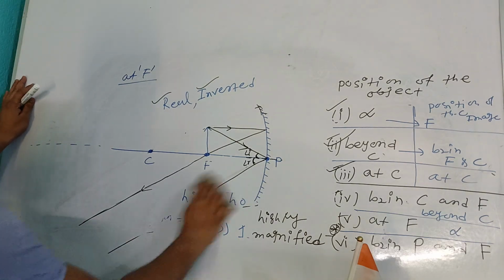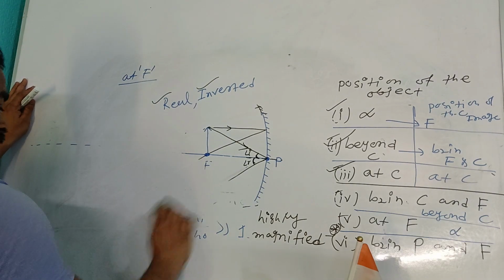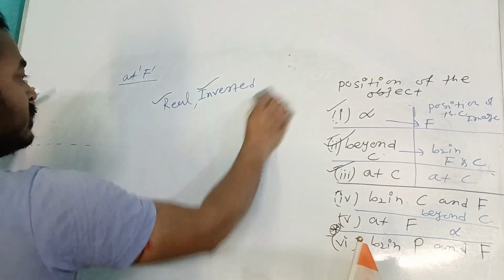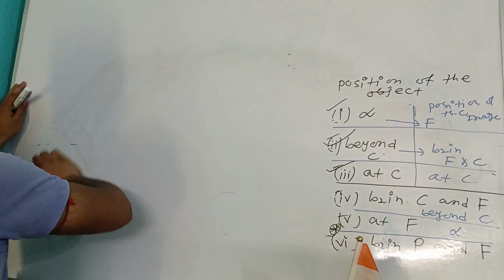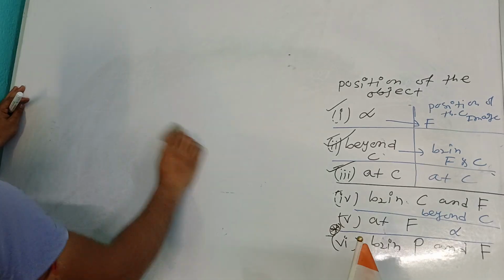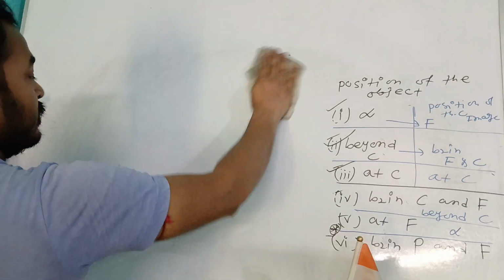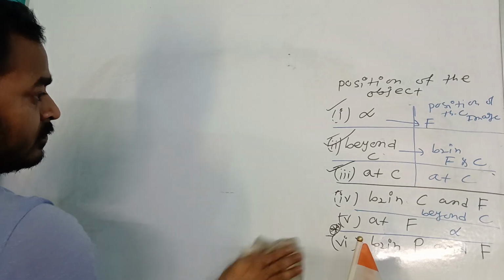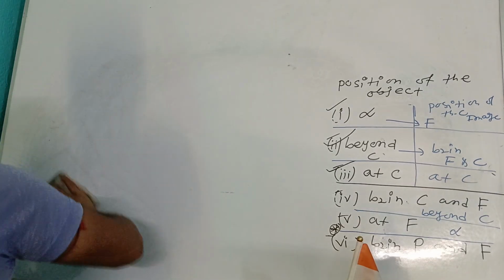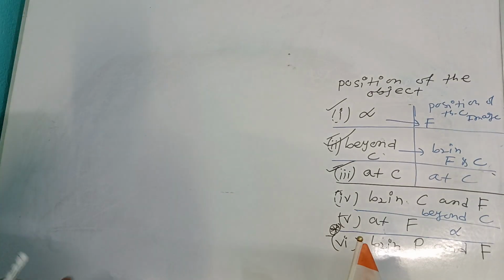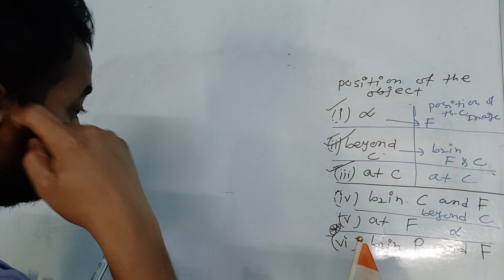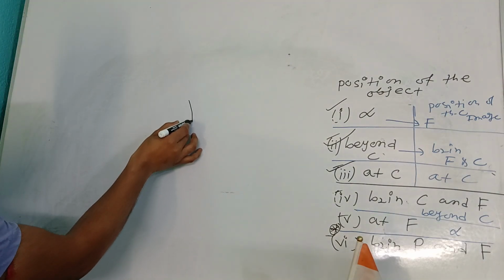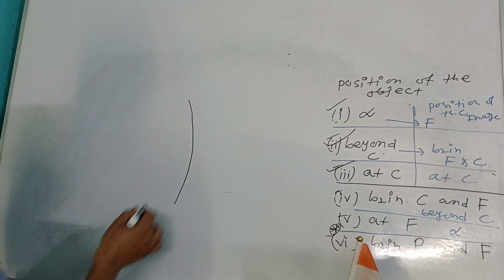so next one, between P and F. So consider this is our concave mirror.